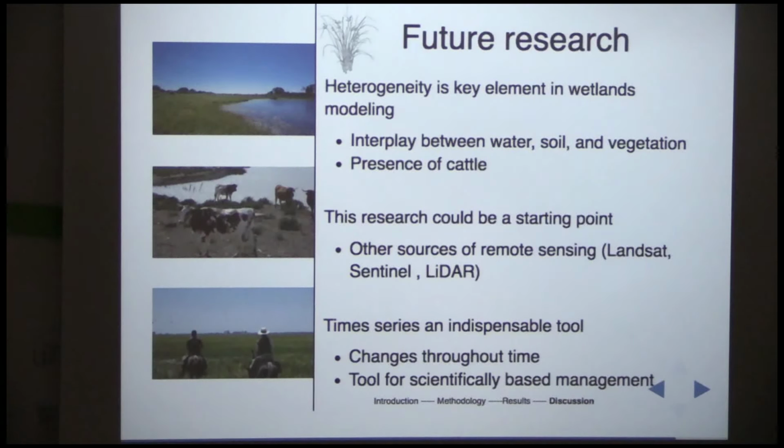The last thing that I want to say is that monitoring wetlands is complex because you have an interplay between water, vegetation, and soil. And specifically in Doñana, this becomes more difficult and more challenging because of the presence of cattle. That also interplays with water and vegetation. For example, cattle are not distributed uniformly in all the marsh.